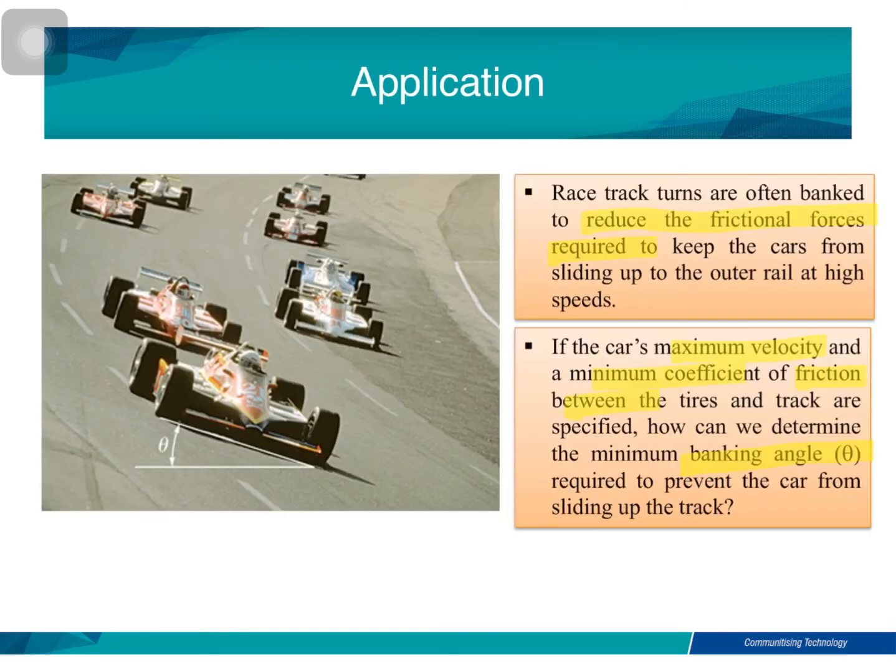This is the application of why we need to resolve into normal and tangent. Let's say we have a track here, we need to determine the friction force required to keep the car from sliding up to the outer rail at high speed, and also calculate the maximum velocity, the friction between the tire and the track, and the minimum angle to prevent the car from sliding up the track.